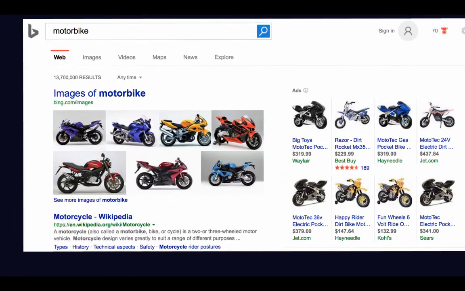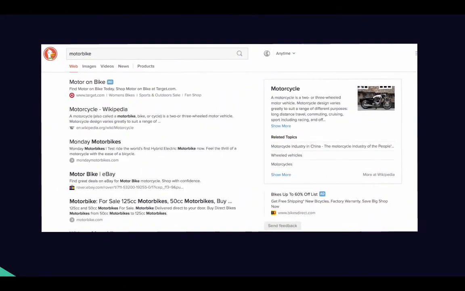And I try to use Bing, which is another search engine, and when I say motorbike, they give me all the aspects, like how much Wayfair and Best Buy are charging. I can look at where they're selling it cheap as well, and Kohl's is about only $132.39. Another search engine is called DuckDuckGo, and I think that's very restrictive, but still they're also giving a lot of other features, like a motorbike on eBay and motorbike for sale, motorbikes and all this stuff.